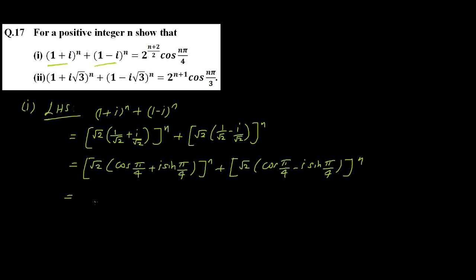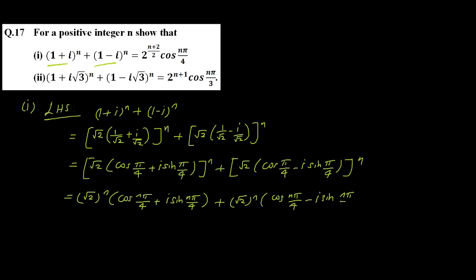Now apply de Moivre's theorem here. So this is something like root 2 power n (cos n pi by 4 + i sin n pi by 4) plus root 2 power n (cos n pi by 4 − i sin n pi by 4).